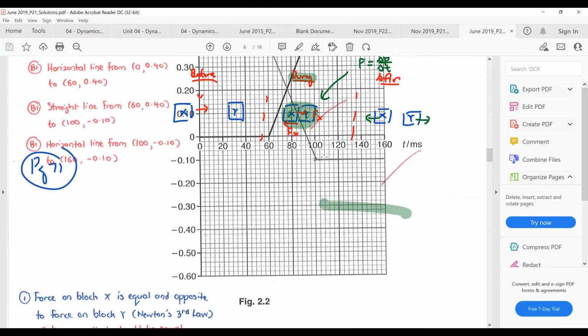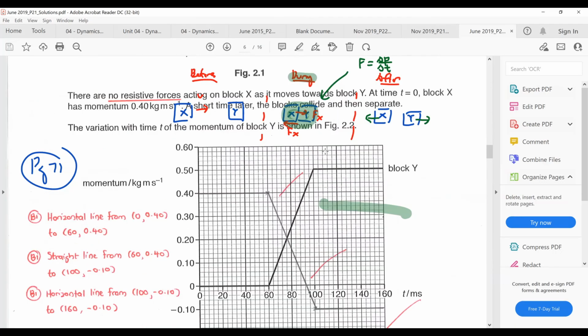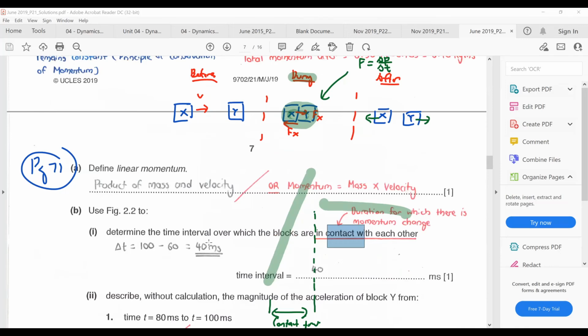So you can actually deduce from the graph that you're given, for the time that block Y is experiencing a momentum change, this is the time that they were in contact. Because when they are in contact, they start to exert forces on each other. When they exert force on each other, you definitely start to have momentum change. So this is the contact time. You'll be 100 minus 60, giving you 40 milliseconds.